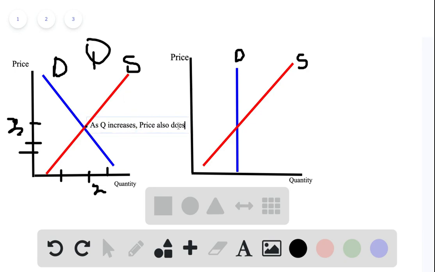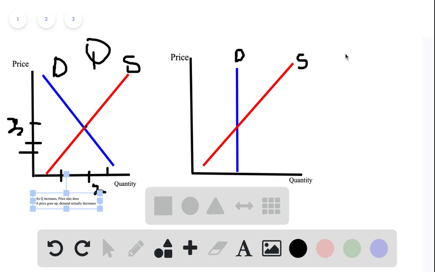Another way to say this: as price goes up, demand actually decreases. That is for our graph here.